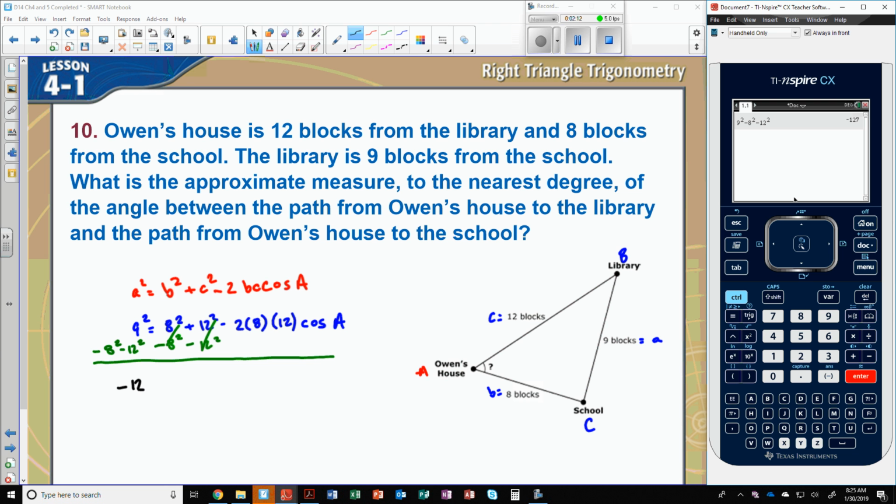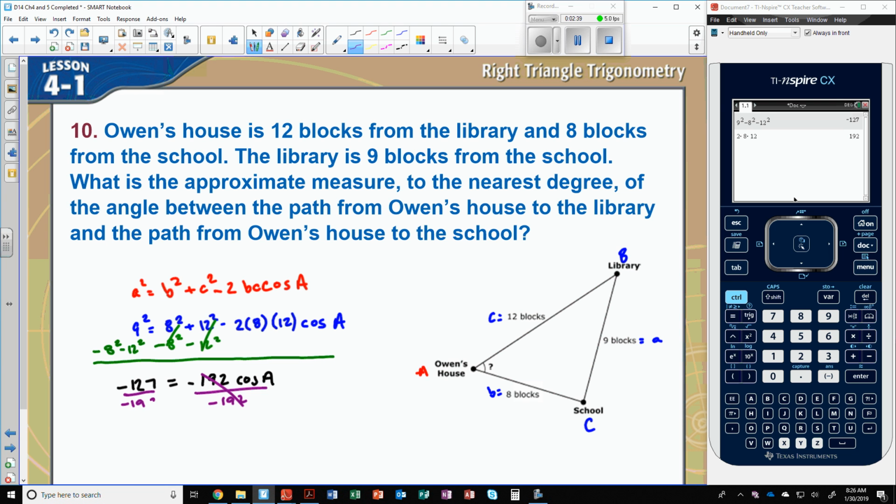So negative 127 on the left equals, over here, negative, let's find out what this is, 2 times 8 times 12 is 192. So I have a negative 192 cosine of A. And now to get cosine by itself, I'm going to divide by negative 192.